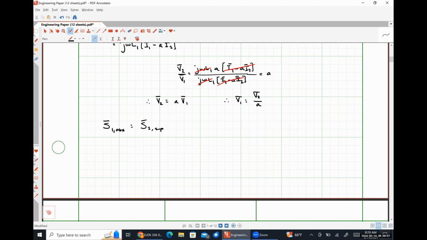V times I conjugate, absolutely. So that was an RMS phasor voltage V and an RMS phasor current I, right? We're not dealing with RMS phasors here, so I'm going to fix things by literally just adding a factor of 1/2 outside. Okay. So we would have 1/2 V1 times I1 conjugate would be equal to 1/2 V2 times I2 conjugate.